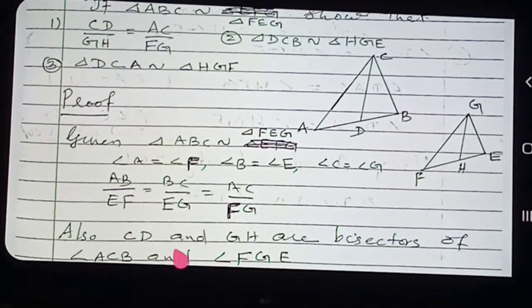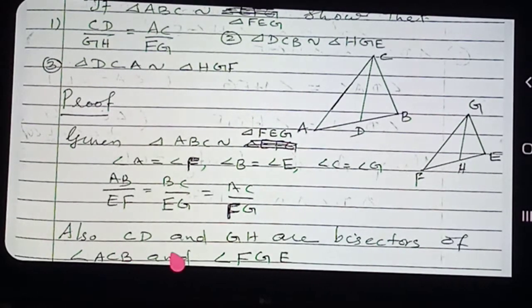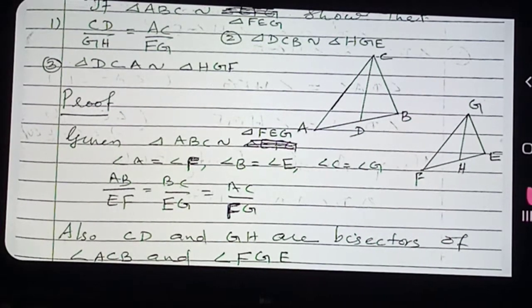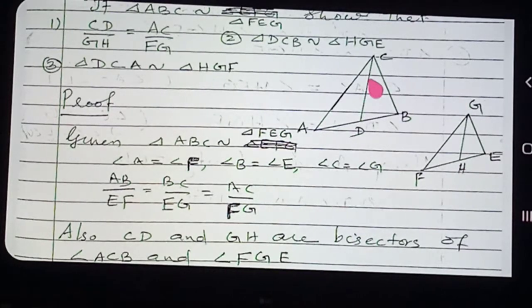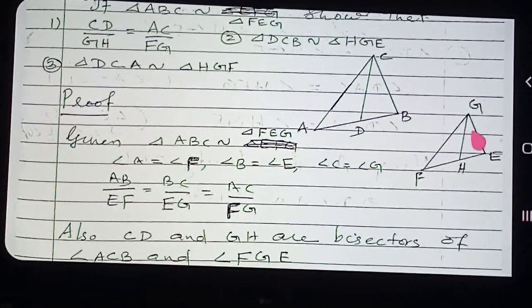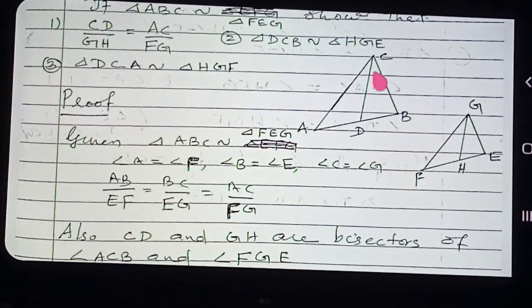And one more point is given. CD and GH are the bisectors of angle ACB and angle FGE. Bisectors means these two angles are equal and these two angles are also equal. Already C and G are equal, because these two triangles are similar, then all their angles are equal. Therefore, half of the angles will also be equal.